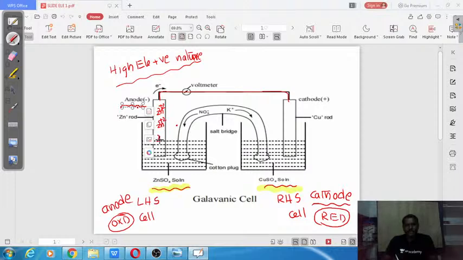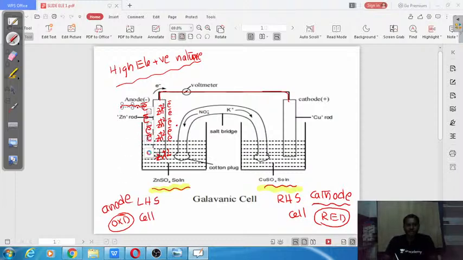Slowly these ions dissolve in the electrolyte solution, and the electrons released in the oxidation process are accumulated on the surface of the remaining zinc metal.